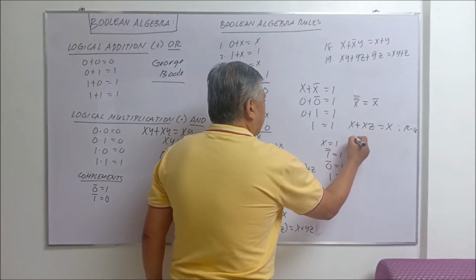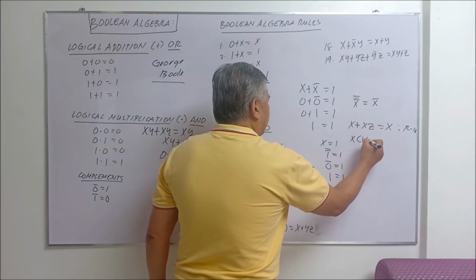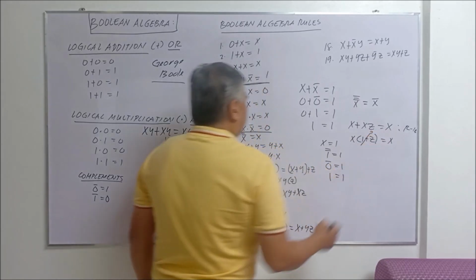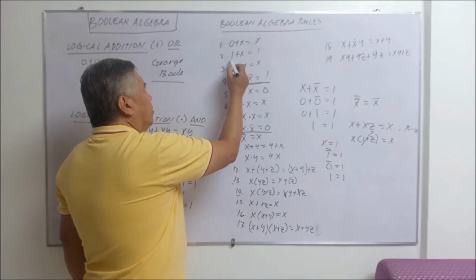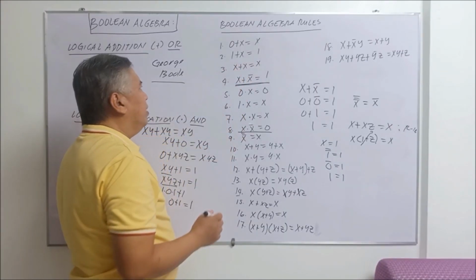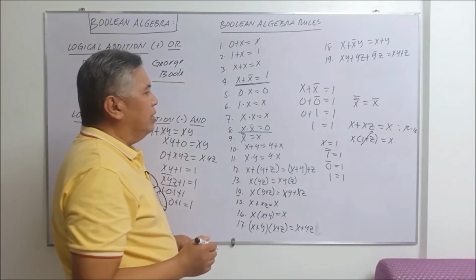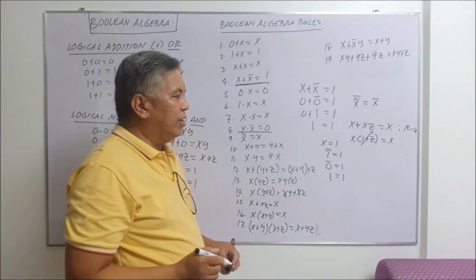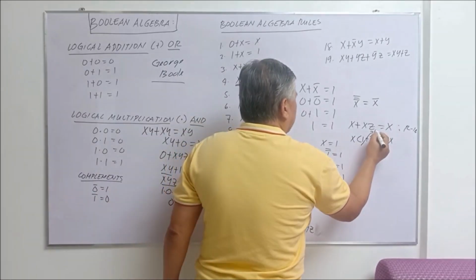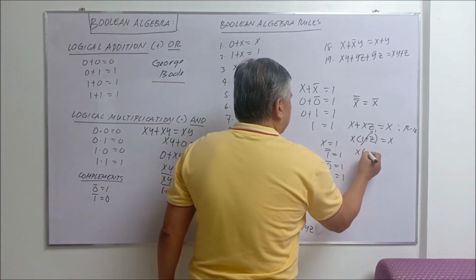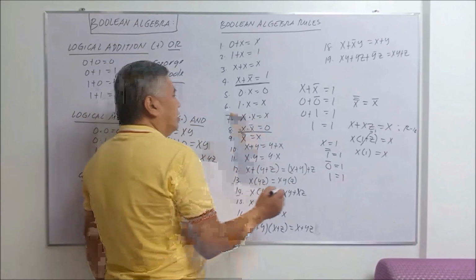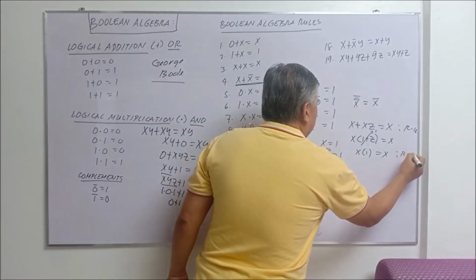So common here is x. So what is left is 1 plus z, times x, is equal to x. And what is this? That is rule number 2, right? So rule number 2, any variable or variables added to 1 is equal to 1, no? 1 plus x is equal to 1. So 1 plus z is equal to 1. So x times 1 is equal to x. And that is rule number 6, right? Rule number 6.